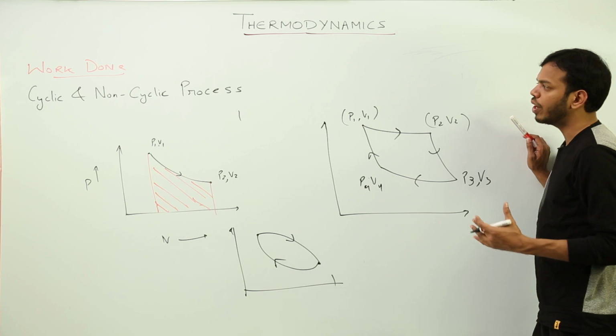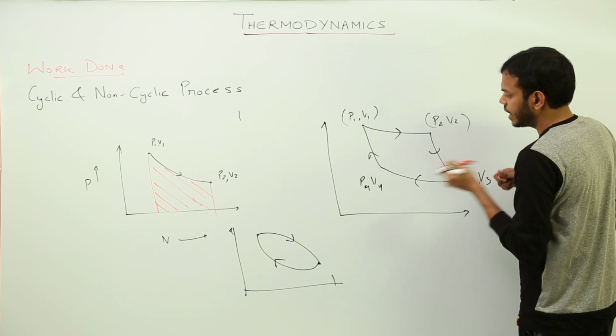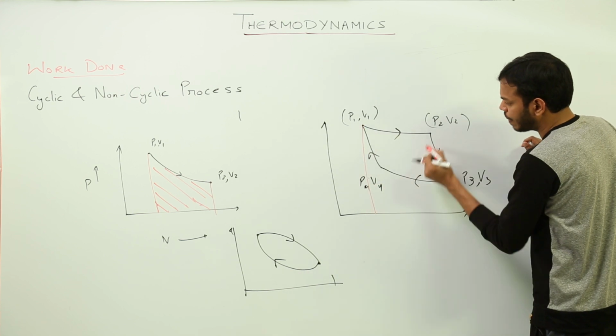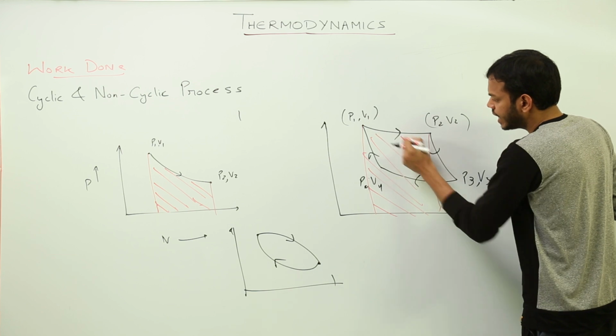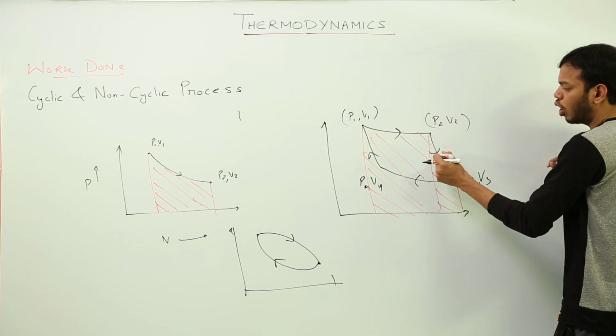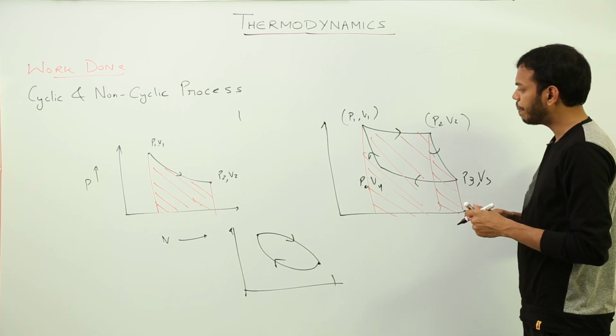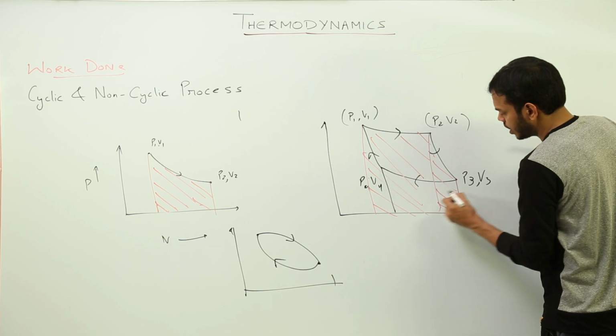So if I have to calculate work done in a cyclic process, first of all, this part is going to get added up for the expansion. So this much part, right? And then the expansion from this to this, so this will also get added up. Now for compression, this part is going to get subtracted, from this portion to this portion.